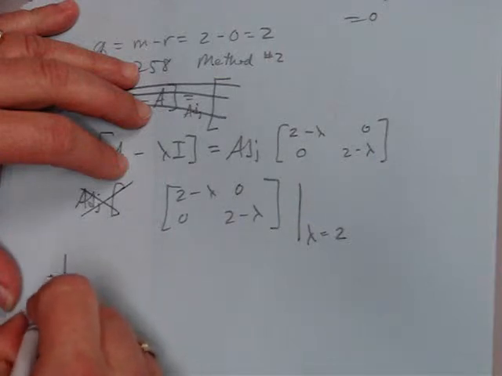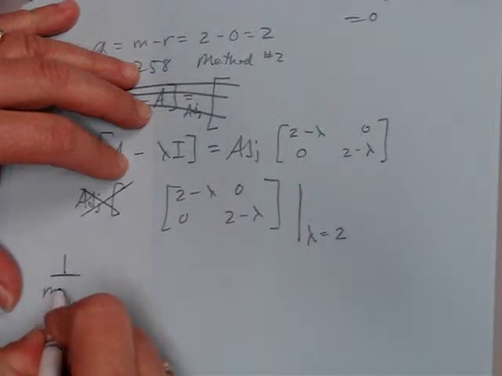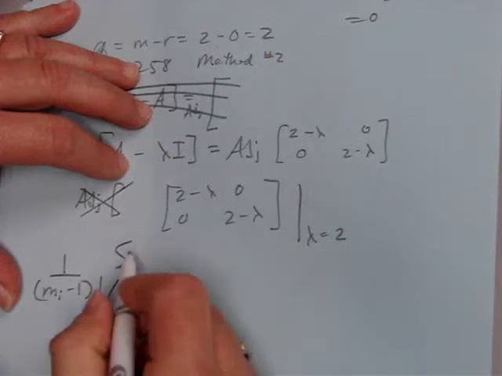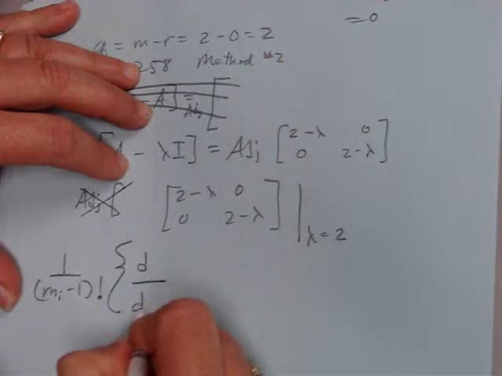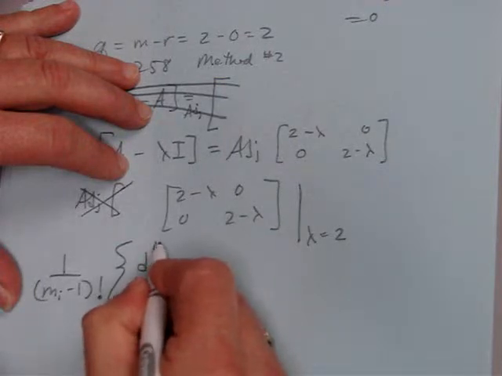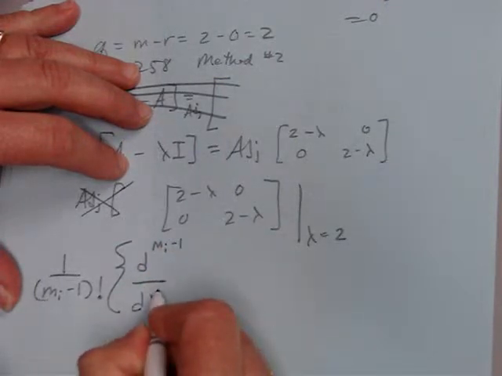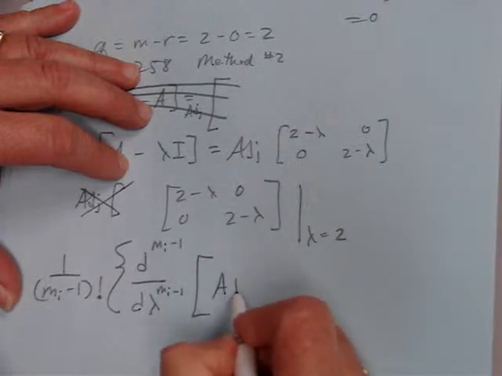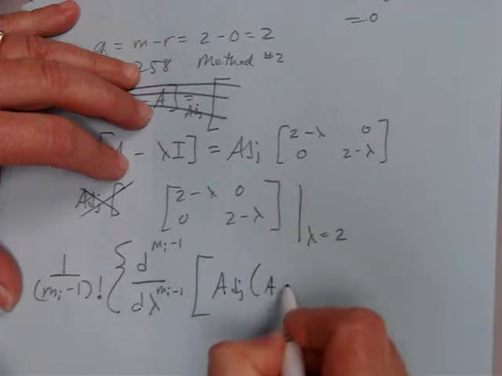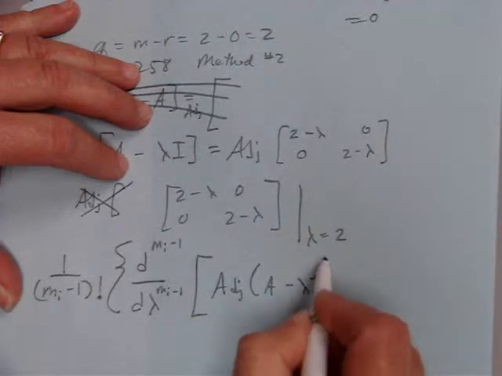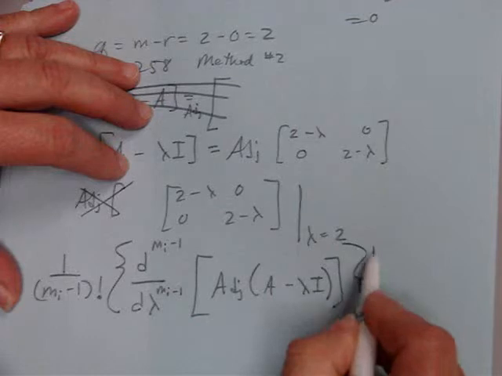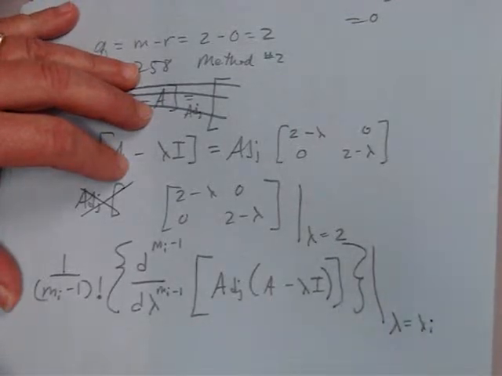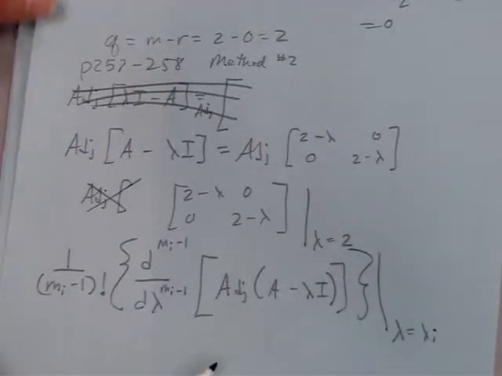In general we have the formula 1 over (multiplicity minus 1) factorial, times the derivative d by d lambda, (m sub i minus 1) times, of this adjoint matrix, and then evaluate it at lambda equals lambda i, the multiple eigenvalue we're talking about.